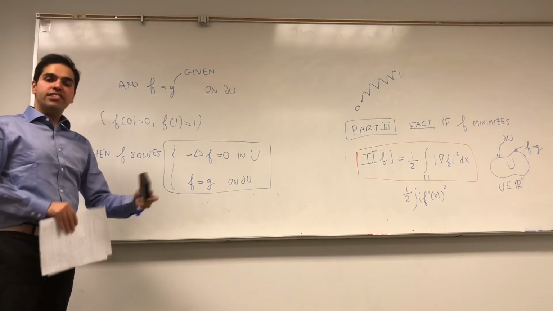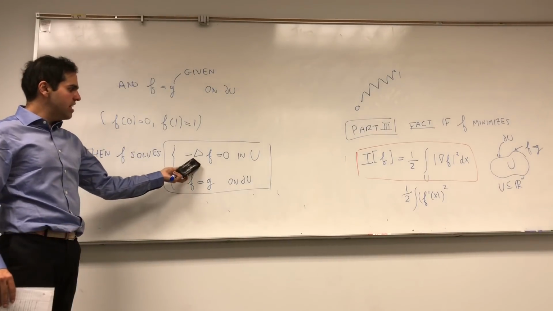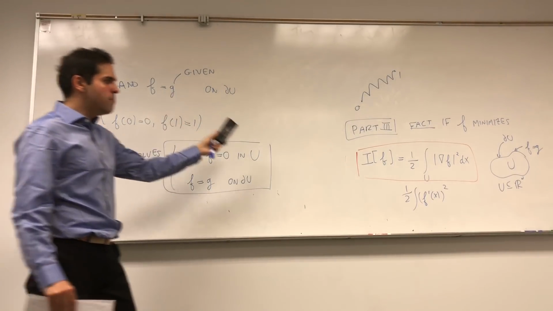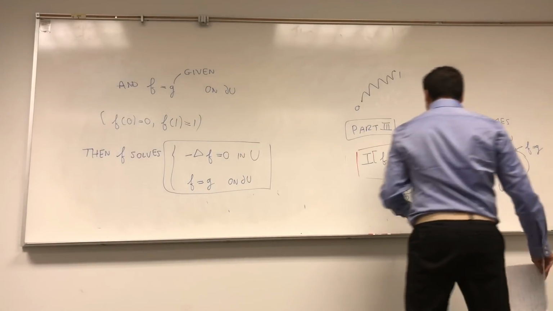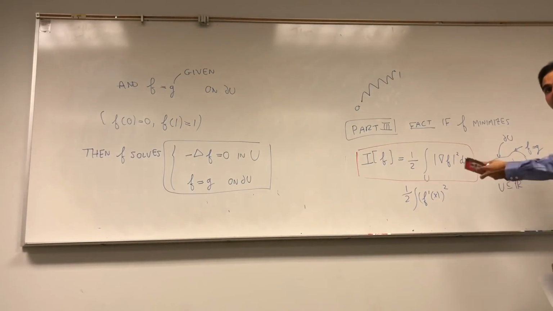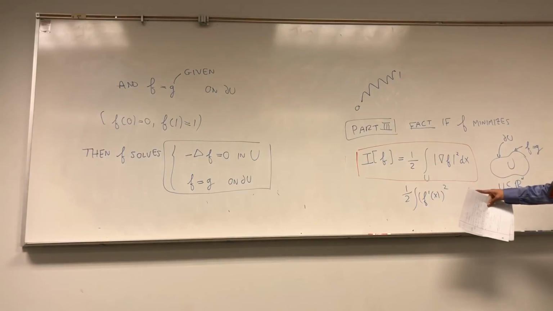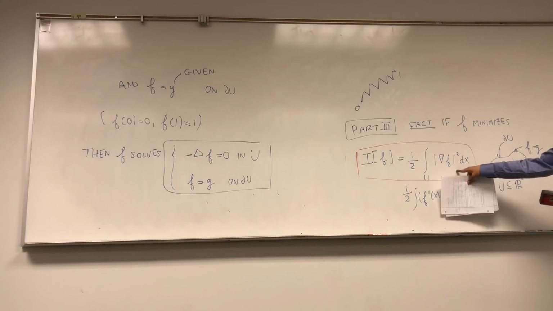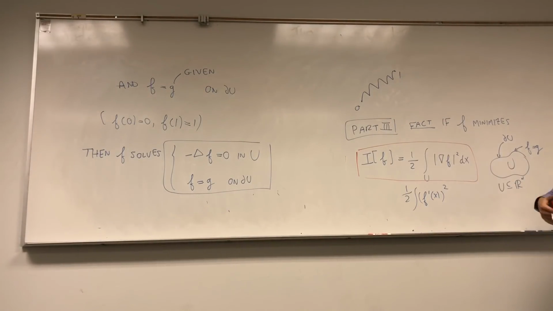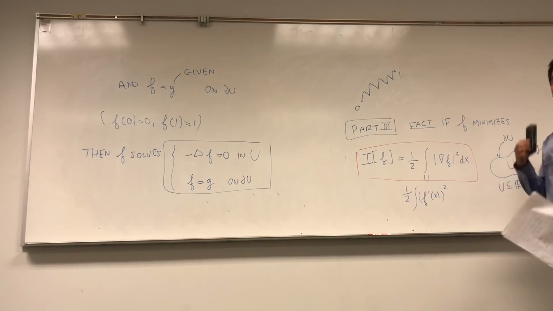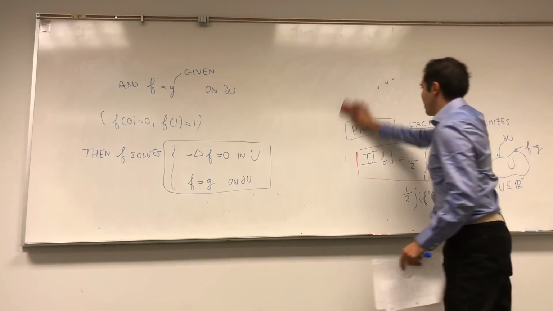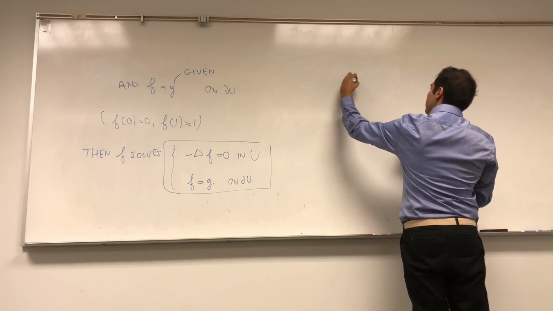Well, if somehow you can say that this has to be a minimizer for some energy, then sometimes it's easier to find the minimizers of energies. And once you have that, maybe you have hope of finding solutions to PDEs. Let me give you a specific example. Suppose you want to solve this.